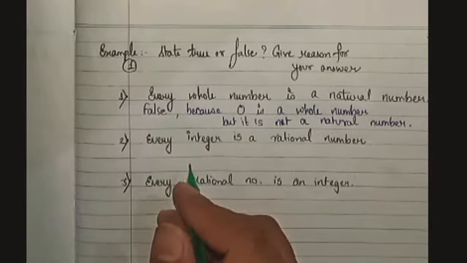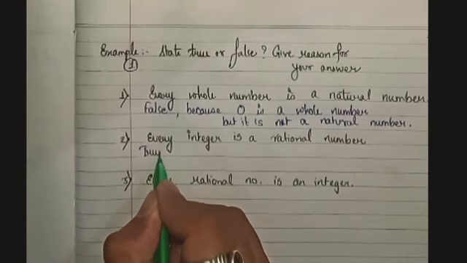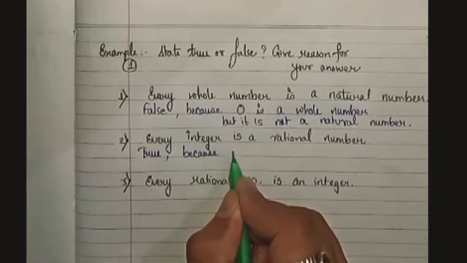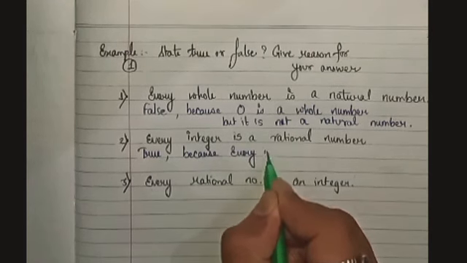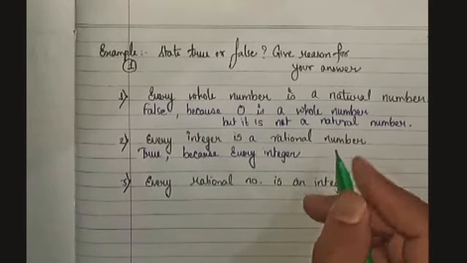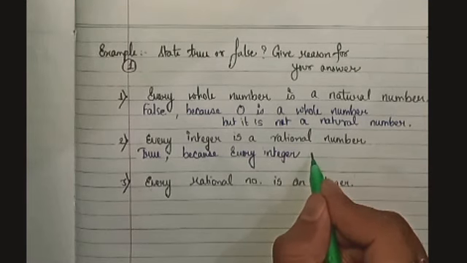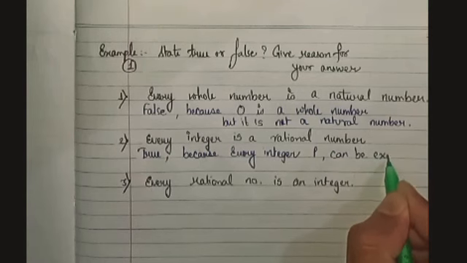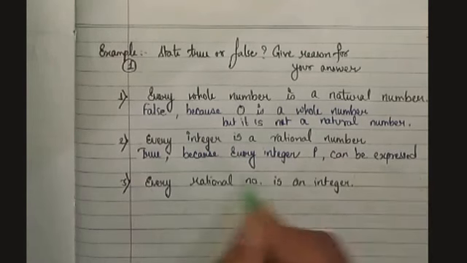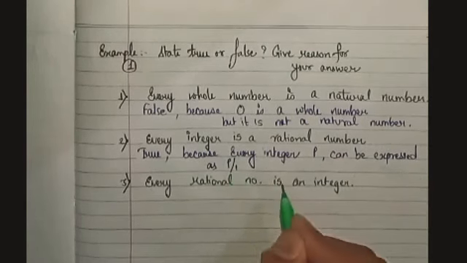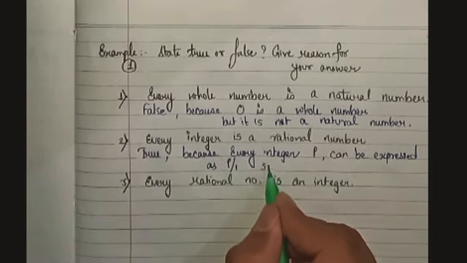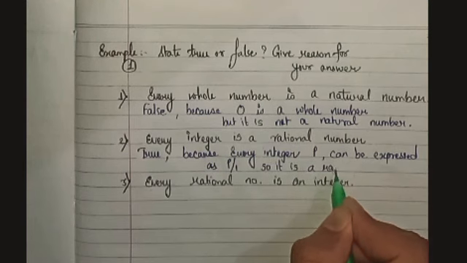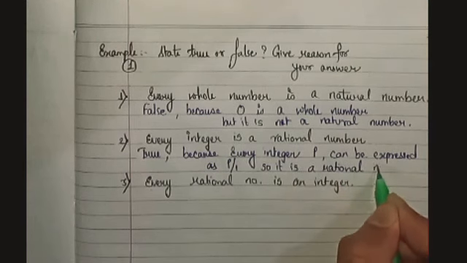So this statement is true because every integer, say any integer p, can be expressed as p by 1, so it is a rational number.